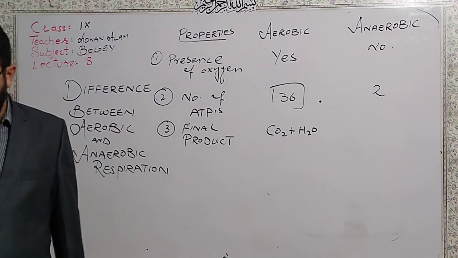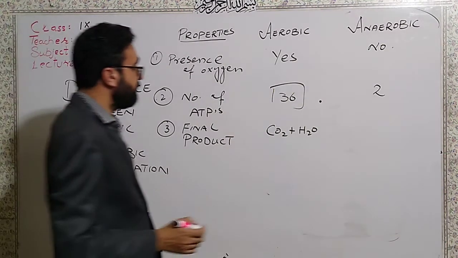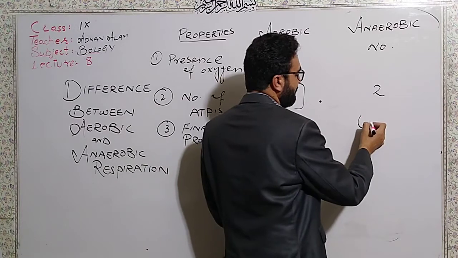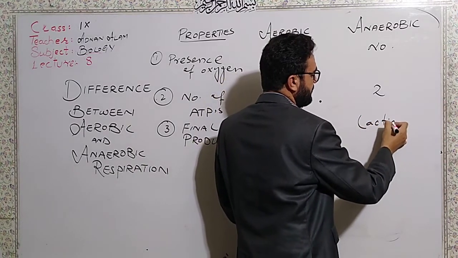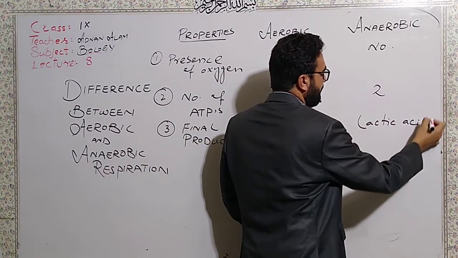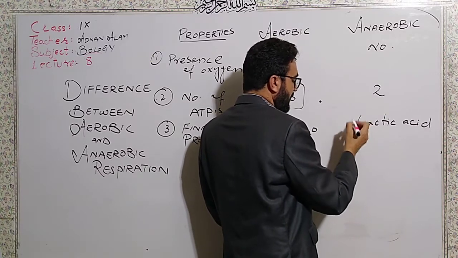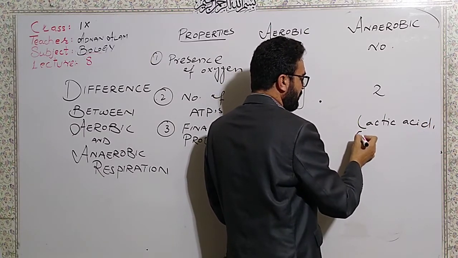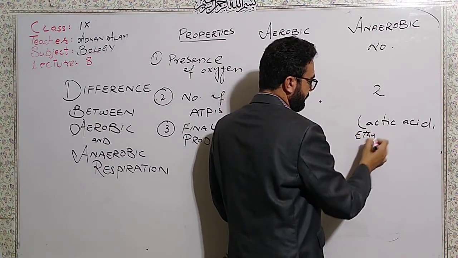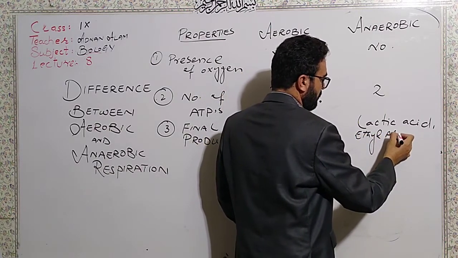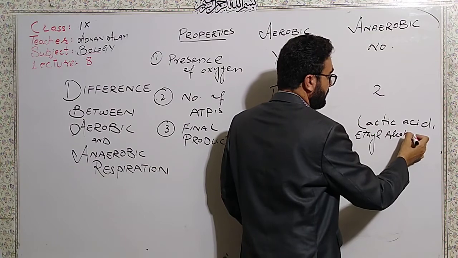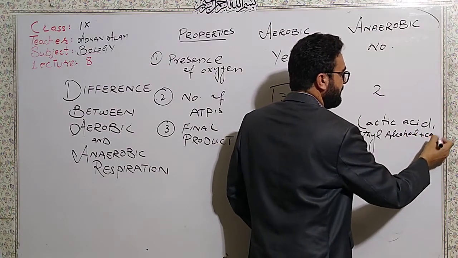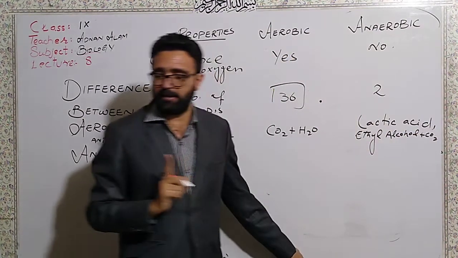In anaerobic respiration, if it is lactic acid fermentation, we have lactic acid, and if it is alcoholic fermentation, then ethyl alcohol plus carbon dioxide. There is no carbon dioxide formation in lactic acid fermentation.